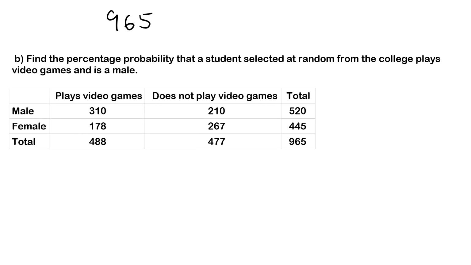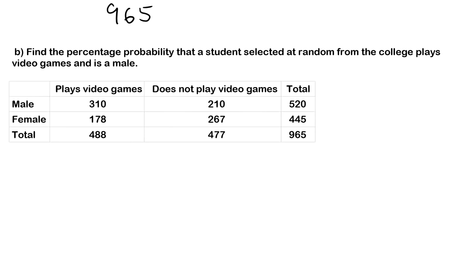B, find the percentage probability that a student selected at random from the college plays video games and is a male. First, we're looking at a male student and we're looking at video games. The next thing we do is find the square that correlates to both of them, which in this case is the 310.